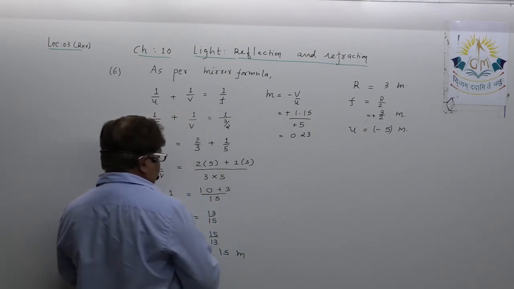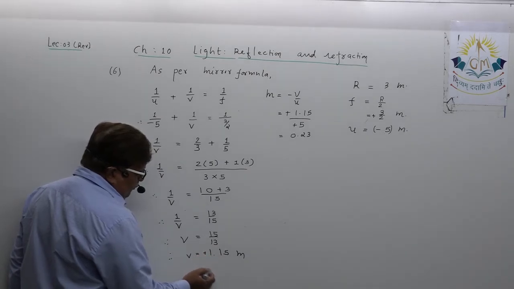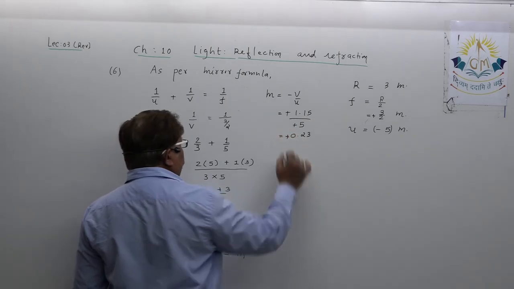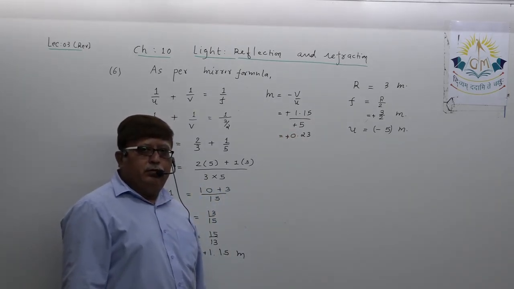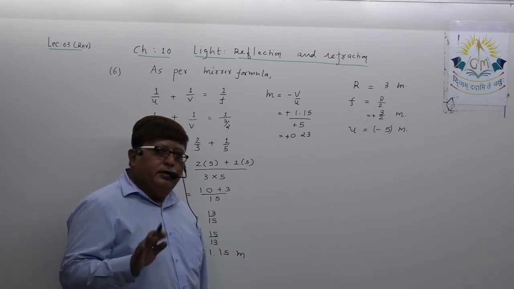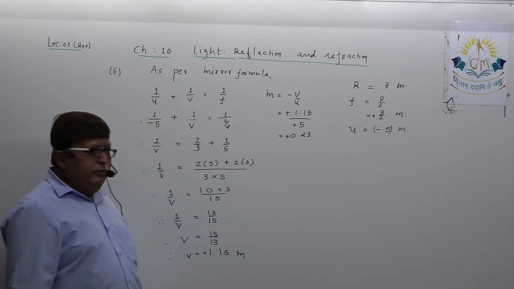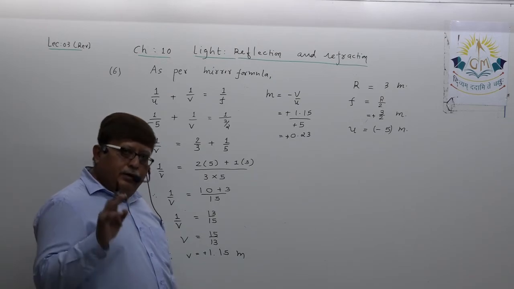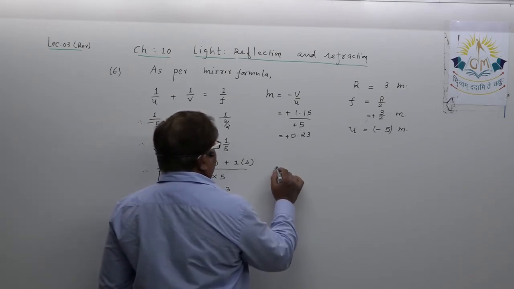And dear student, as I told you, the value of v is going to conclude for you that magnification will also turn out to be positive. Remember this important data forever. Understand? v positive, M going to be positive, and h also going to be positive.